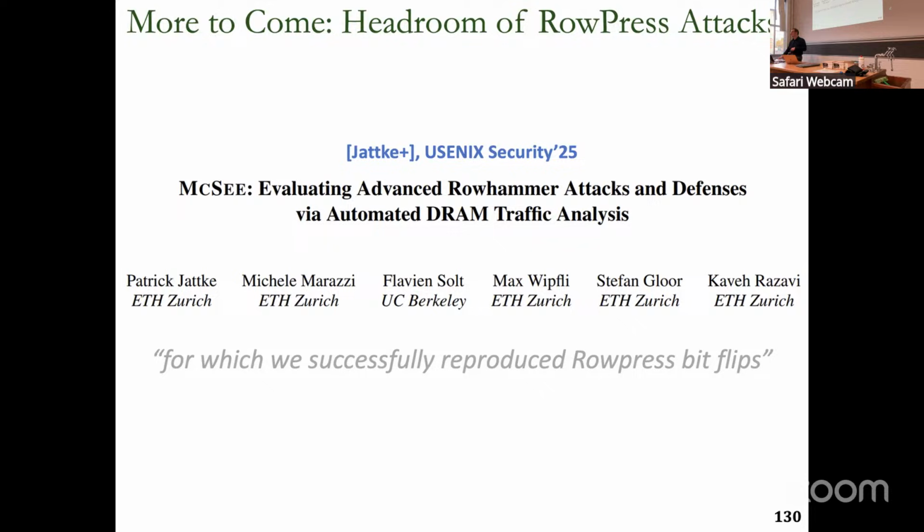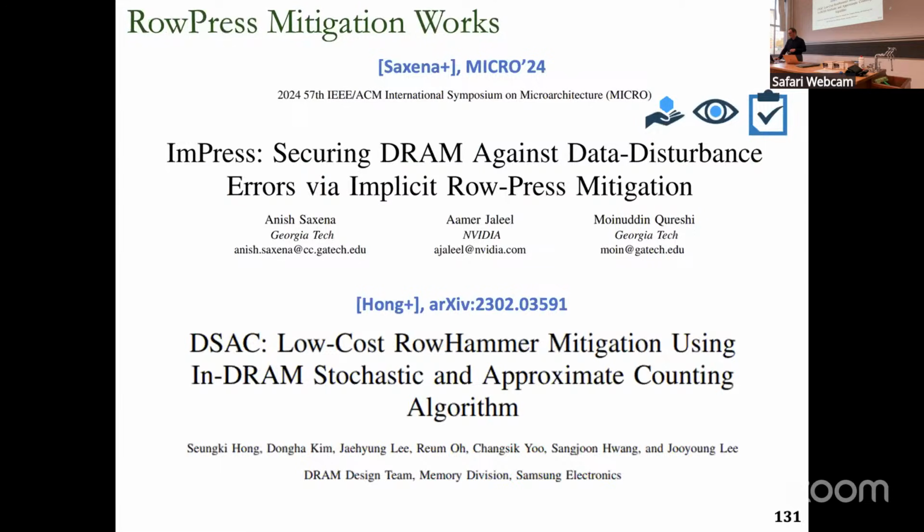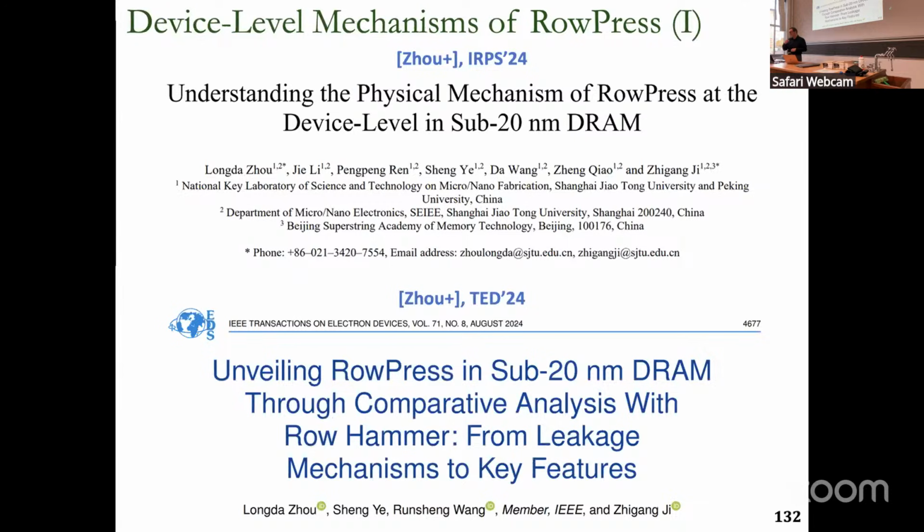So there's a lot more room to keep the row open. They don't quite understand why it's not kept open, but they have an infrastructure to measure that, which is good. And there are some RowPress mitigation works that are similar, but we're not going to cover that now.